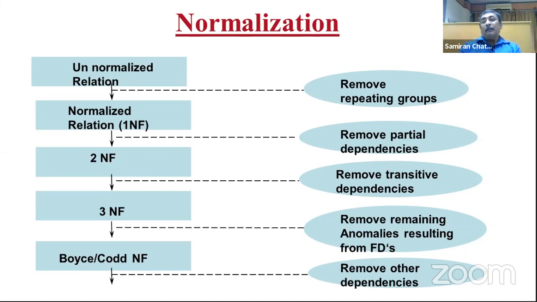If there are, it is in 2NF. Assume it does not have partial dependency as well as transitive dependency, it is in 3NF. Right? So that's how we find out. And then you find out whether the left-hand side of the functional dependencies are the keys or not. That will tell you whether it is BCNF or not.